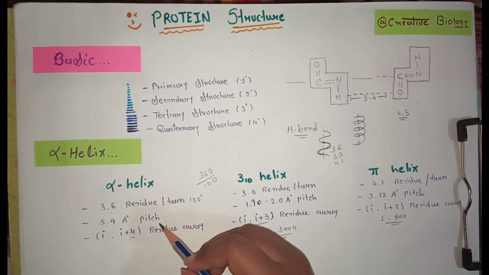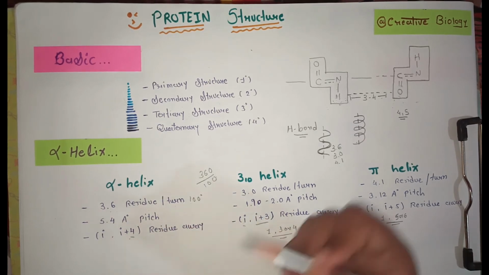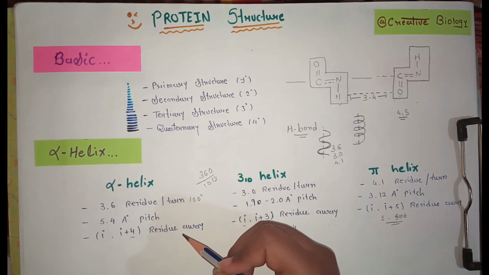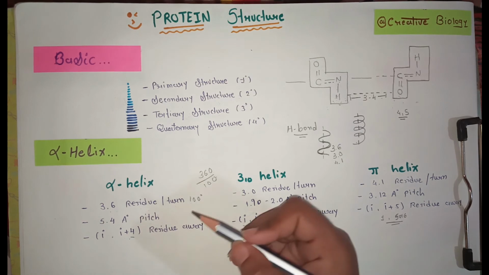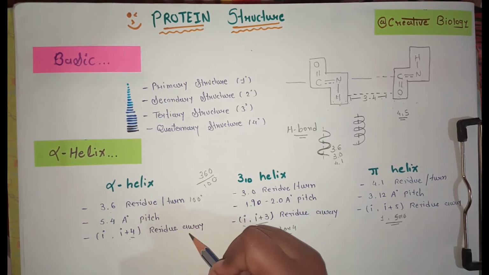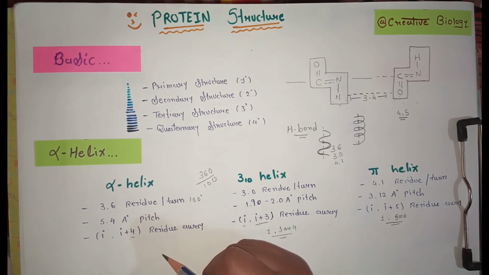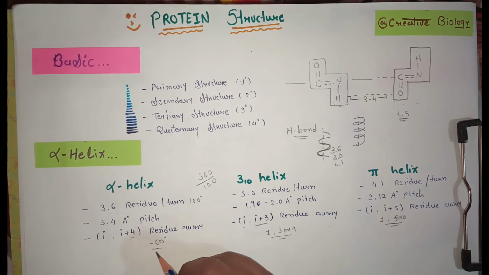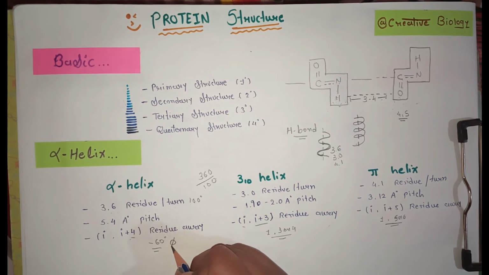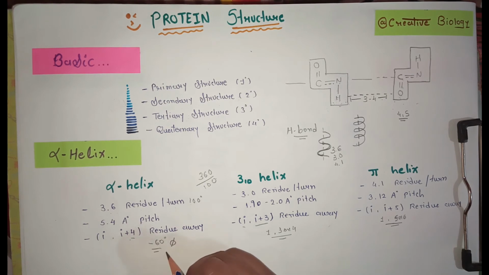Now the question is which amino acids easily make the alpha helical structure. The answer is that amino acids like alanine, glutamine, glutamic acid, leucine, methionine and arginine easily form the alpha helical structure, particularly the right-handed alpha helix with a phi value of about -60 degrees in the Ramachandran plot, right?